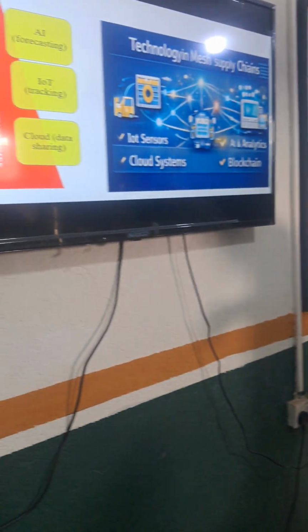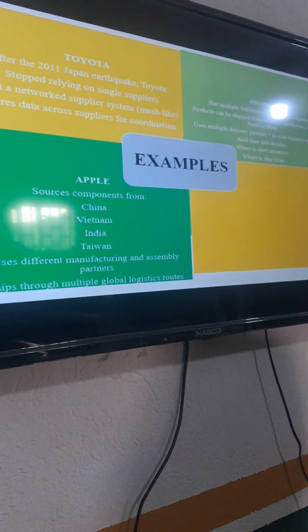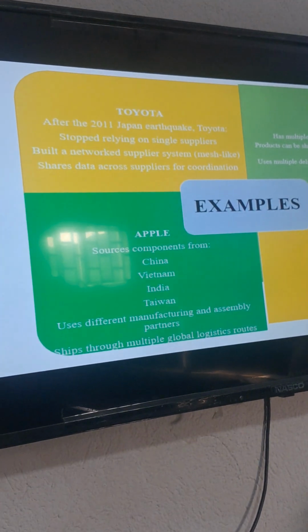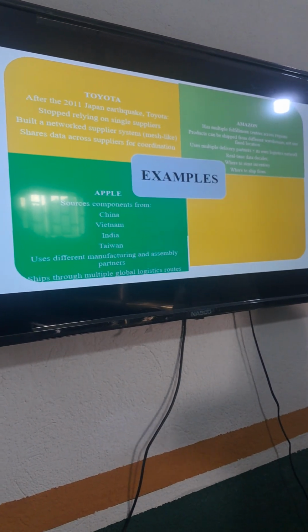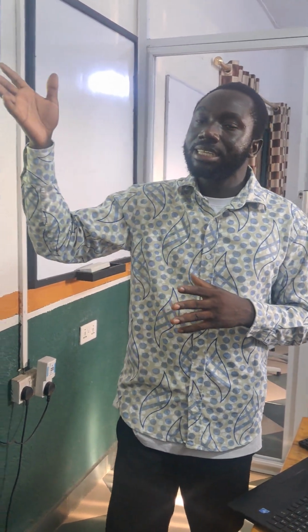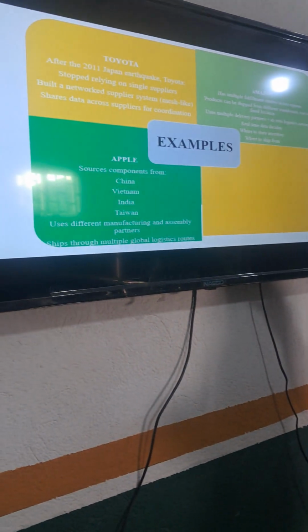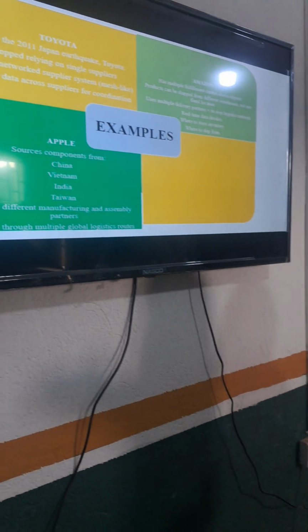So let's move on to the real world examples that we have. In 2011, there was a big earthquake in Japan, where Toyota operates. Toyota sourced their supply from Japan, and the earthquake happened at that place, which broke down the traditional supply chain.